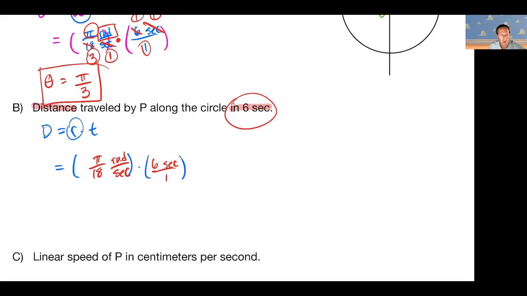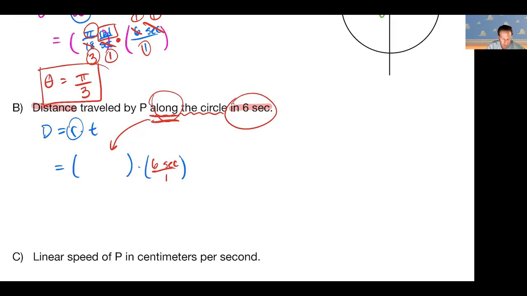But is that what we want? Is that the rate that we need? Because they want to know the distance traveled by P along the circle, not inside of it. So the key is that. Will our angular speed work for this? No, we're going to need the what instead? Linear speed.